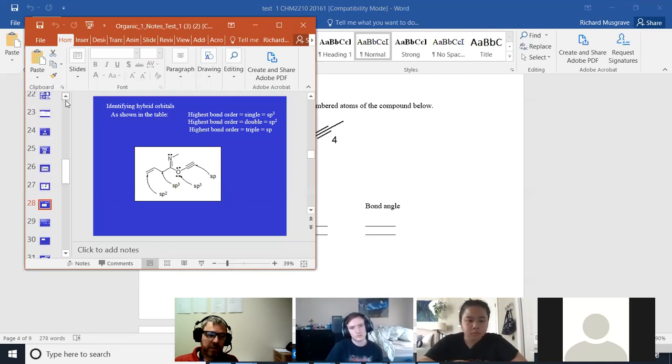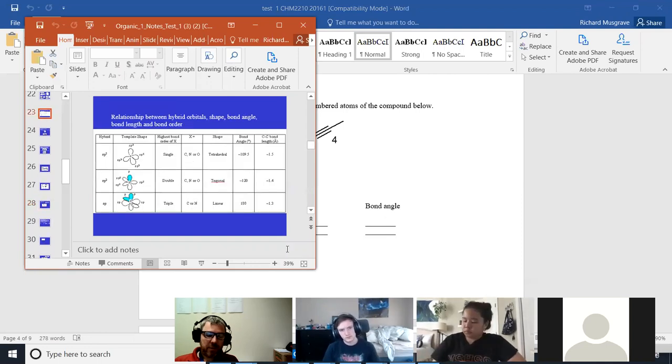So you will have to know this information, but my argument here is you already probably do. You already know most of this stuff about the shapes and the bond angles because you have seen it before. You just have to be able to link those shapes to those specific hybridizations. So yeah, you should know this table.